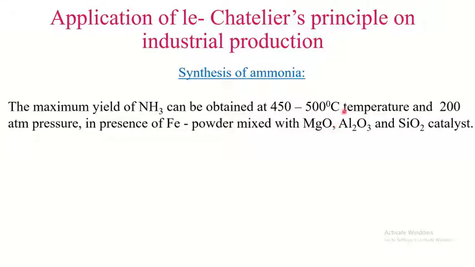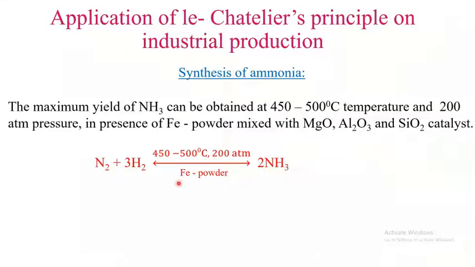450 to 500 degrees Celsius temperature and 200 atmospheric pressure in the presence of iron powder mixed with magnesium oxide, aluminium oxide and silicon dioxide catalyst. These are the catalysts that increase the rate of reaction. So this is the condition. By following this condition, we can get maximum product ammonia from the reaction of nitrogen and hydrogen.